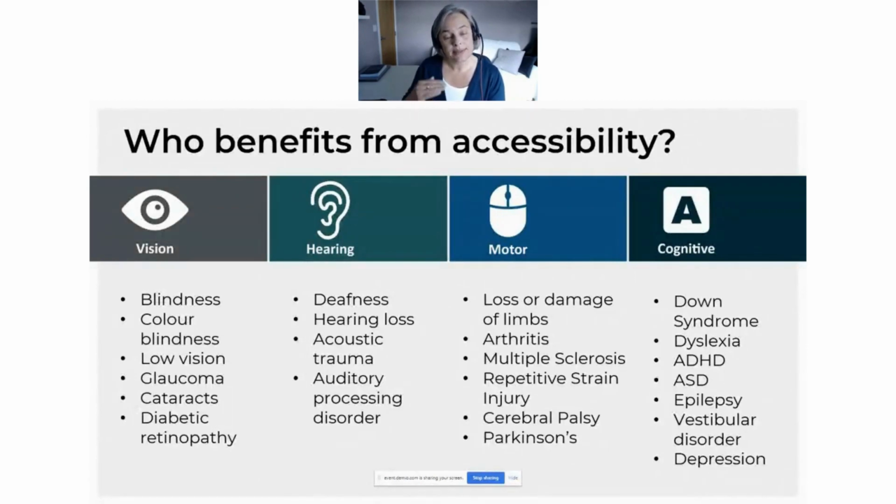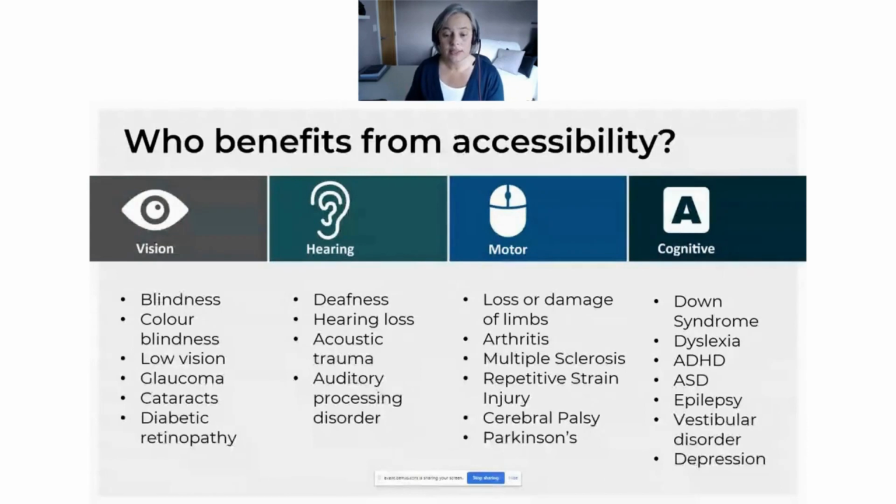And then some of the conditions that are affected by movement and flashing, so we have epilepsy, vestibular disorder, and also mental health issues, which is really important to be aware of when you're considering cognitive differences in your e-learning content.